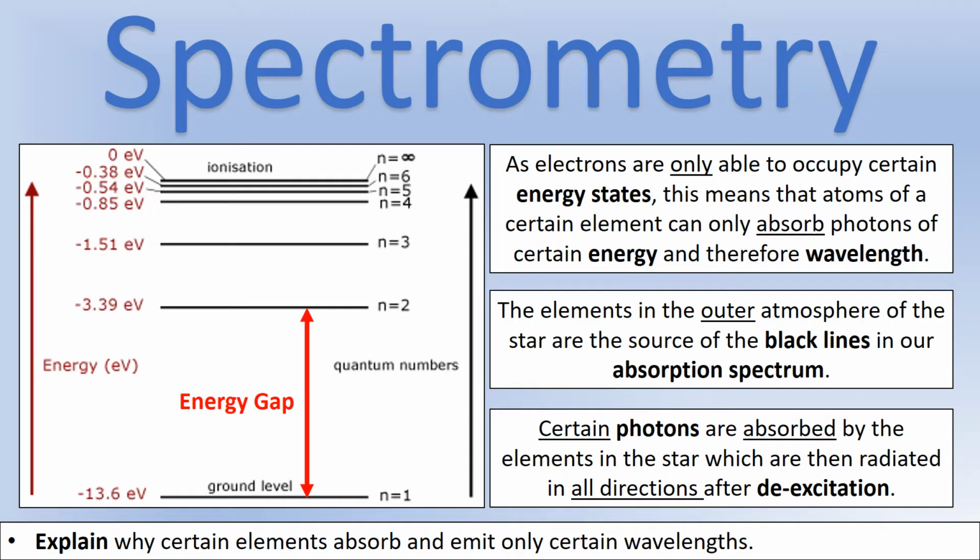You might ask at that point, well, don't those photons get re-emitted when the atoms de-excite? And yes, but when they de-excite, they get emitted in all directions. So although all the light was heading towards the Earth, some of it, when it's absorbed, is radiated in other directions. So we get lower intensity of those particular wavelengths.